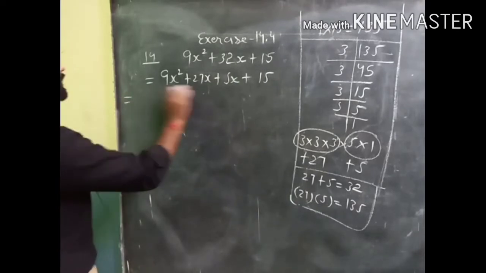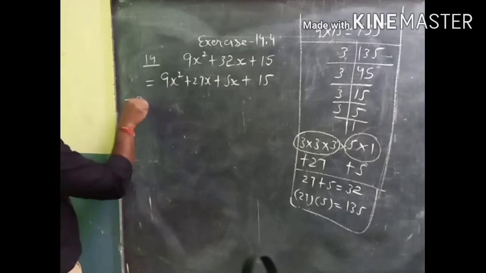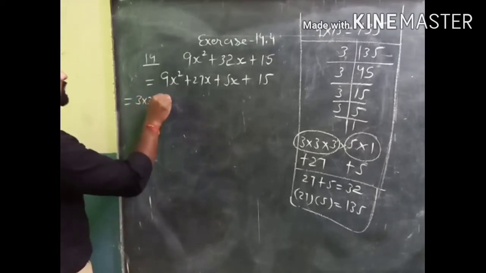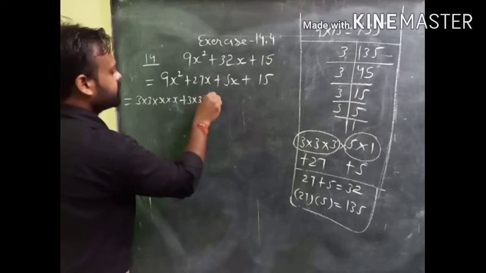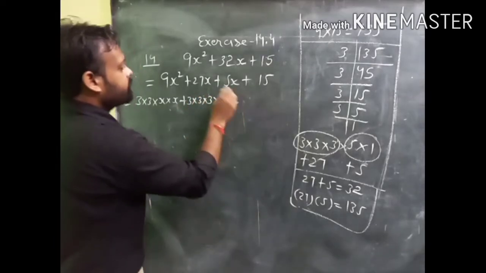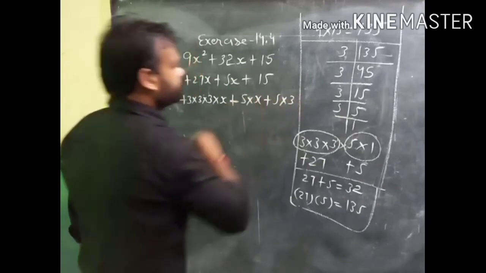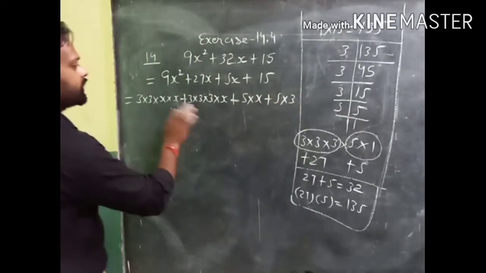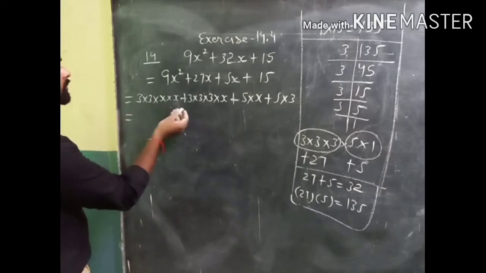Now you have to separately solve this first group and this second group. First of all make the factors: 3 times 3 is 9 into x, and 3 times 3 is 9, times 3 is 27 into x, and then 5 into x, and then 5 times 3 is 15. In this way we can do the separation and find the factors. Now mark the common factors.